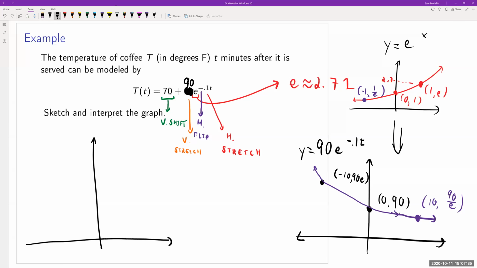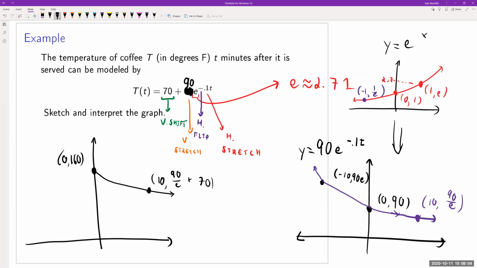A shift upwards by 70 means we'll be going through the point (0, 160). And then through the point (10, 90/e plus 70).